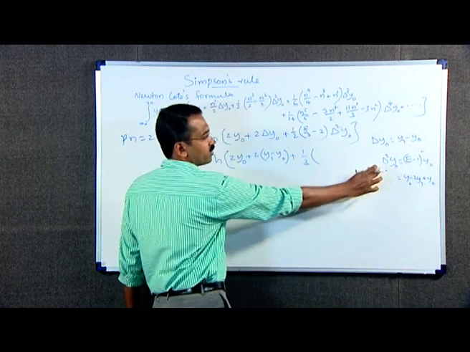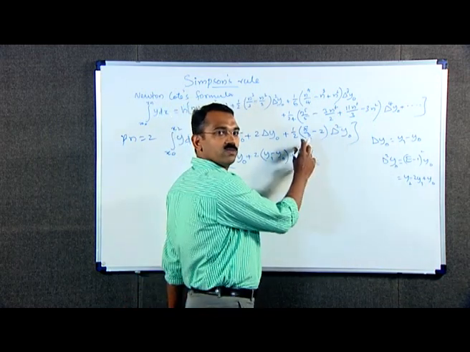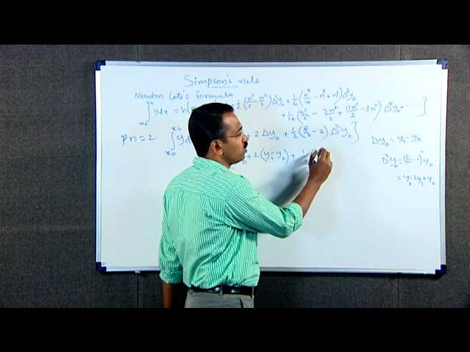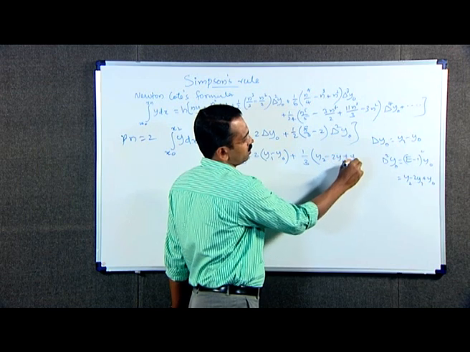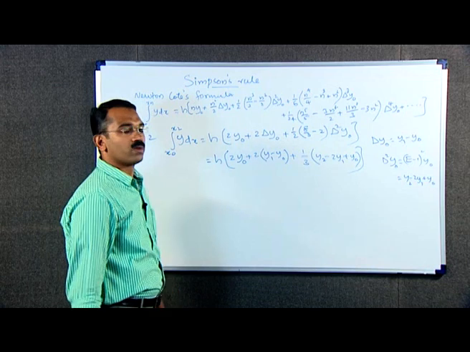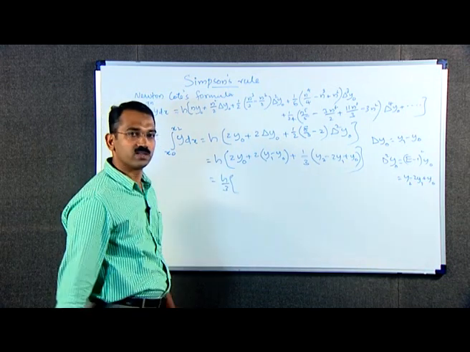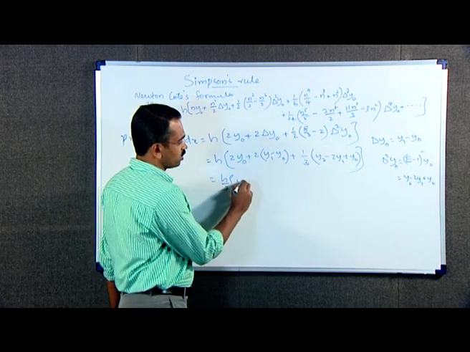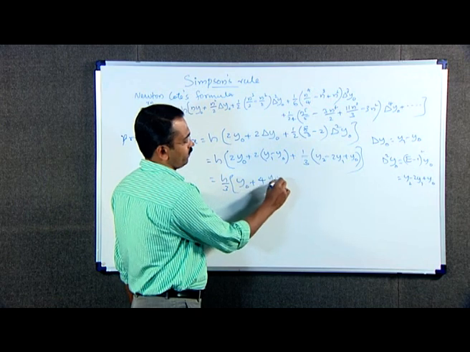Therefore, we substitute the value of delta square y0 here, and this term becomes 1 by 3 into (y2 minus 2 y1 plus y0). This is equal to, on simplification, h by 3 into (y0 plus 4 y1 plus y2).